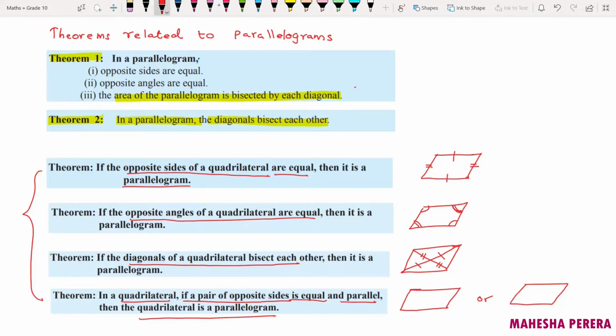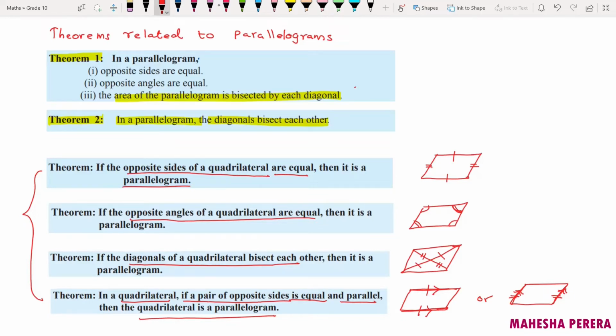If we consider these two opposite sides, if they are equal and parallel, definitely this is a parallelogram. Or if you take the other two opposite sides, if they are equal and parallel, definitely this is a parallelogram. Okay, so these are the theorems related to parallelograms.